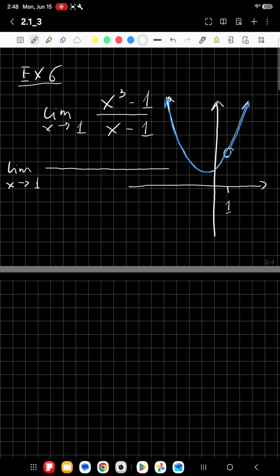If you don't remember those formulas, look them up. So I'm factoring this, and we get x squared plus x plus 1.